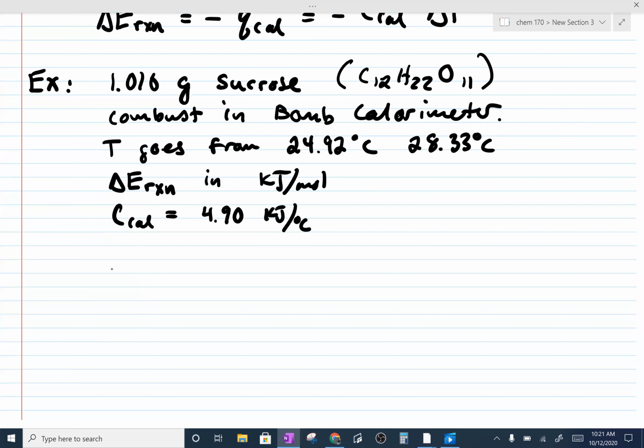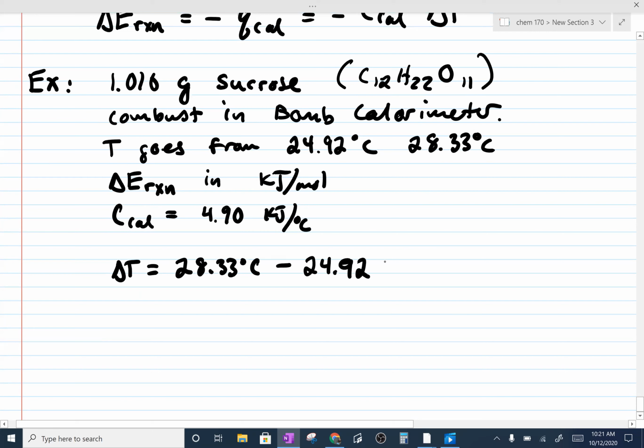Delta T is equal to the final temperature minus the initial temperature. So 28.33 degrees Celsius minus 24.92 degrees Celsius, and this gives us plus 3.41 degrees Celsius. So we've increased the temperature by 3.41 degrees Celsius.